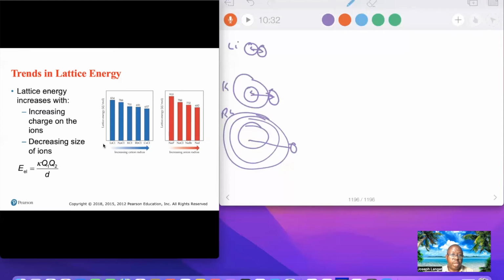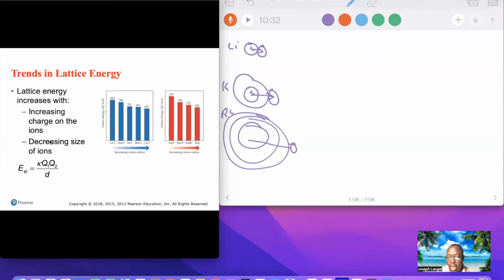Hence this trend, that as the cation radius increases, the lattice energy decreases. As the anion radius increases, the lattice energy decreases. It just follows the same trend.